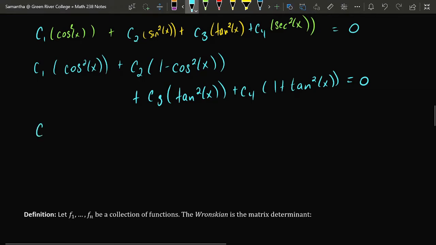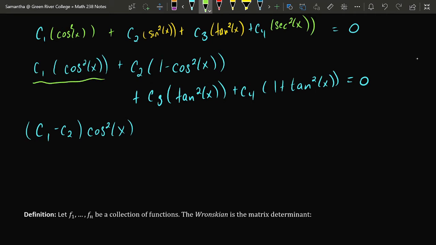Let's combine some like terms. We have C1 minus C2, that's the coefficient on cosine squared now. That's what we get if we combine this term with this one. We also have C3 plus C4 as the coefficient on tan squared.